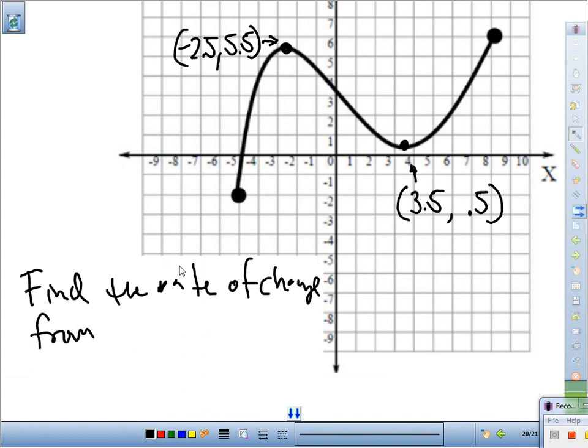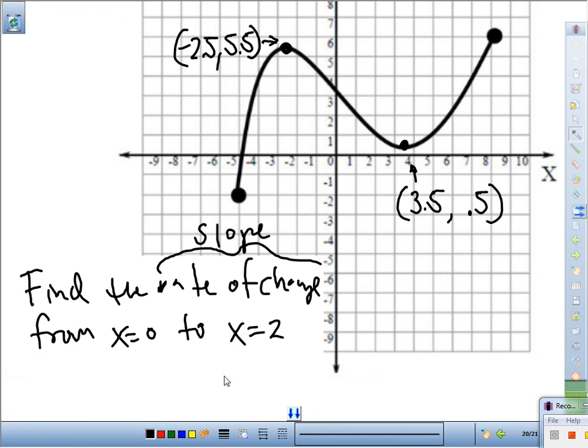Oh, you want to write slope? Okay, so write slope on top of that, guys. Write slope. Nice. All right. We know that rate of change is what? Slope, okay? It says find the rate of change from x equals 0 to x equals 2.